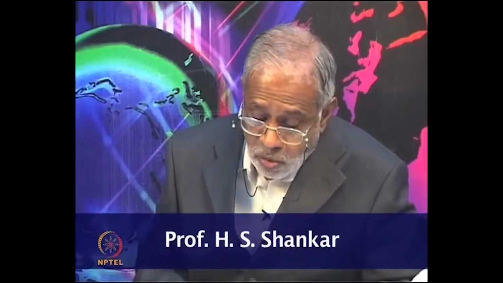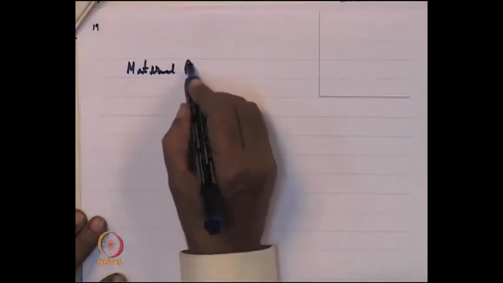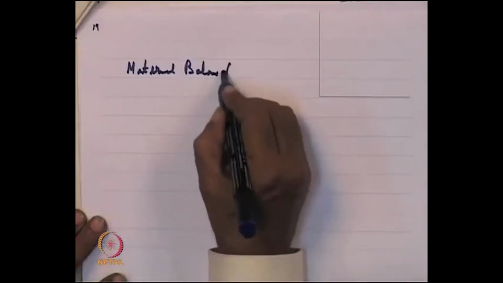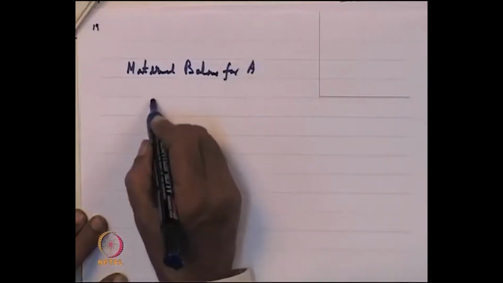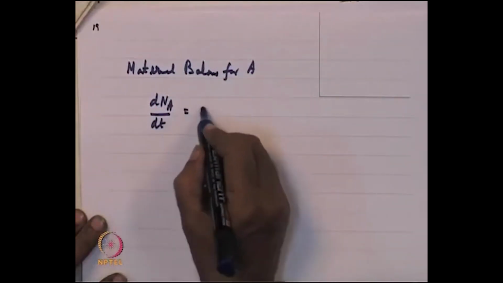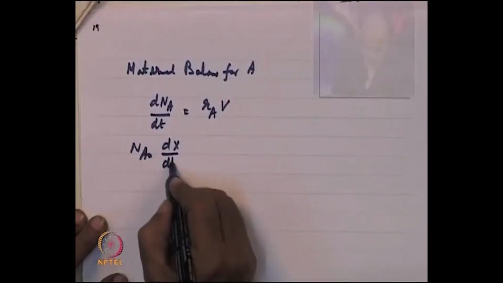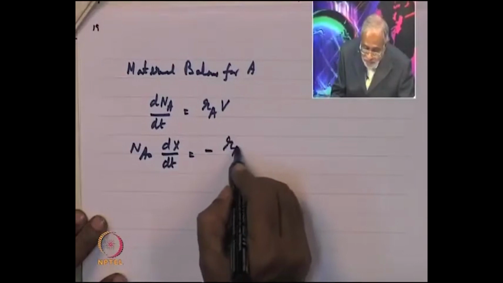So, essentially what we are saying is, suppose you write a material balance for A, we get dN_A/dt. There is no input, no output, so that must be equal to R_A V. Now, N_A is N_A0 times dx/dt, that we know, equal to minus R_A V, this also we know.